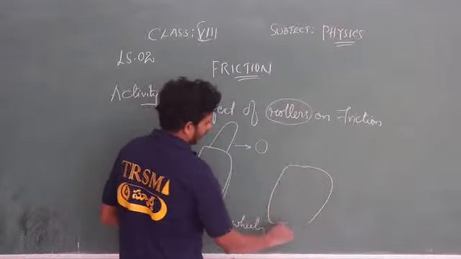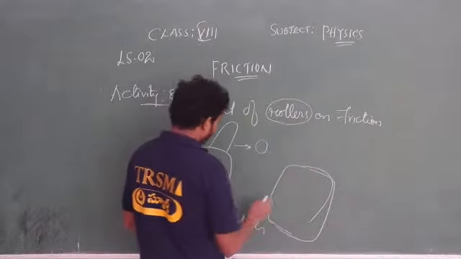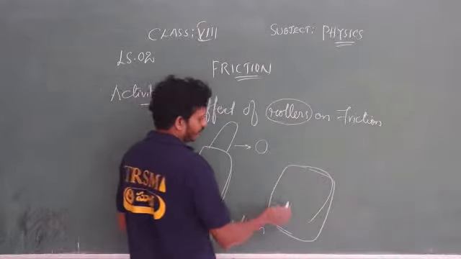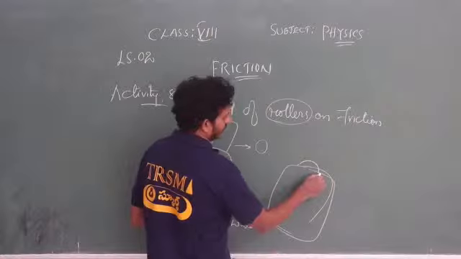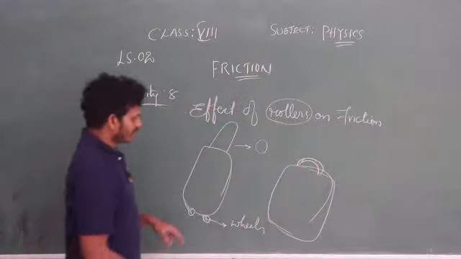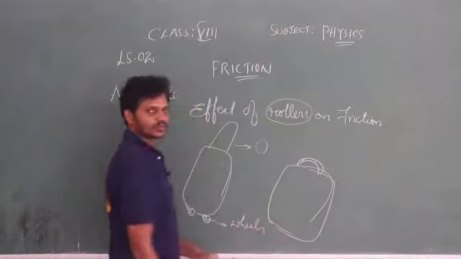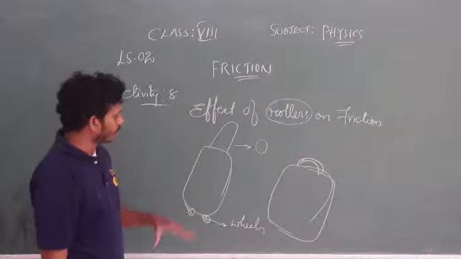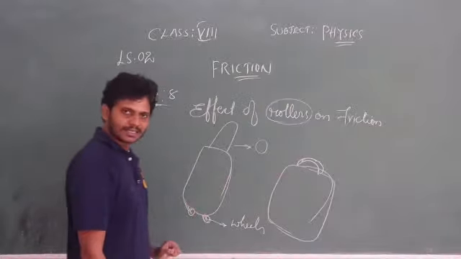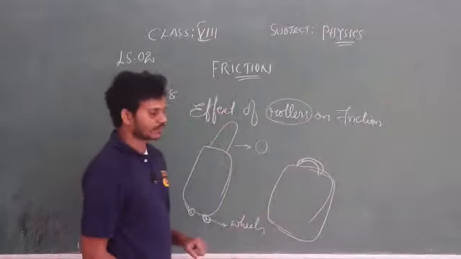This is the other bag which I had. I don't have wheels for this one. I had only the handle for this. Remember, try to understand, two bags are there. One is with wheels and the other is without wheels.